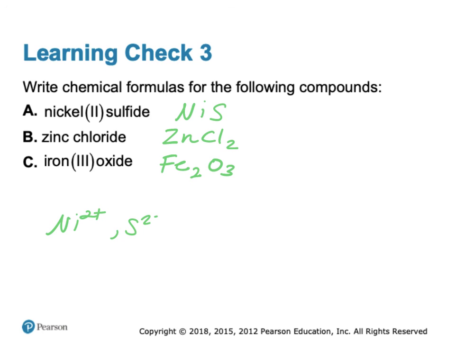Zinc is a transition metal that only forms Zn2+. That's one of those that you can memorize. We know chloride is always Cl-, so it's ZnCl2. Here we're saying that we have iron(III), so that means it's Fe3+. Oxide is always O2-, so it's Fe2O3 to balance the charges.